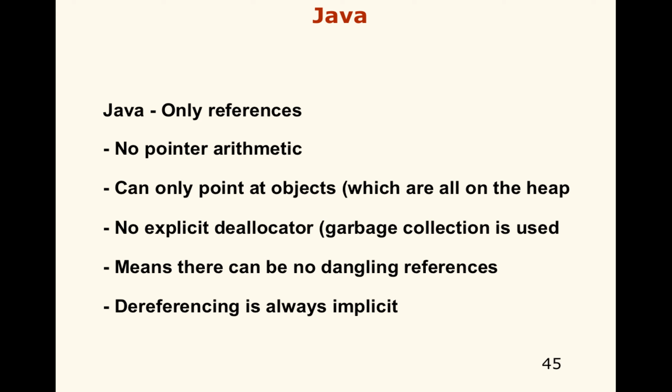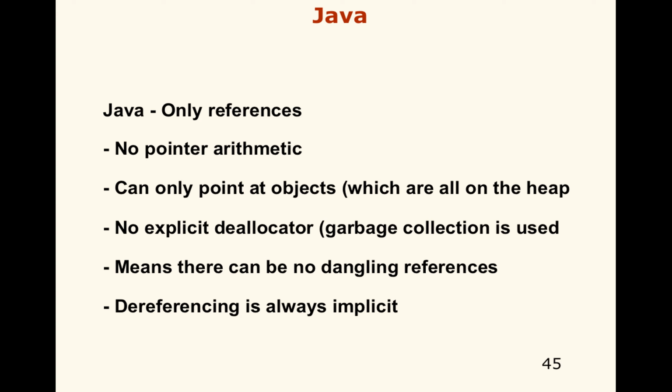You can only point at objects, which are all on the heap. So there's no way of pointing to non-objects. But why would you? Because Java is 100% object-oriented, everything is an object, so there's really not a limitation. You're not pointing to random variables or things.